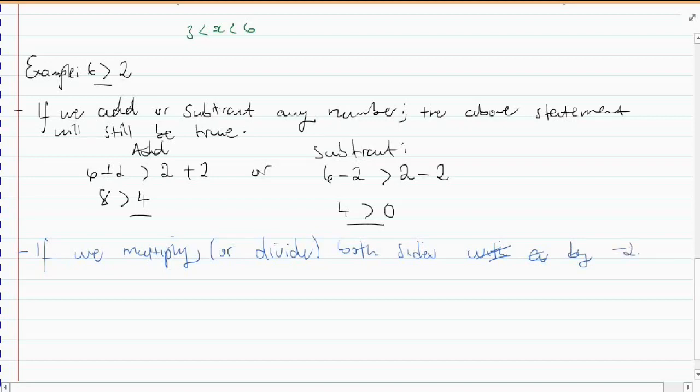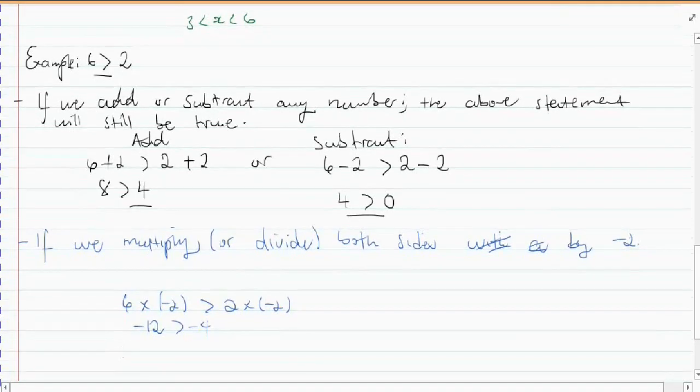Let's see. We have 6 multiplied by negative 2 is bigger than 2 multiplied by negative 2. So we end up with negative 12 bigger than negative 4.